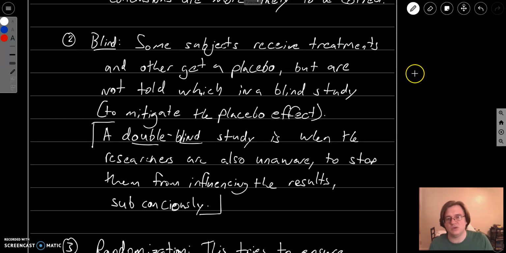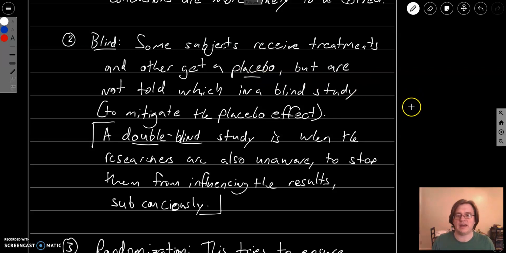However, being told that you are receiving treatment and that you are not receiving treatment will make a difference in your body. The placebo effect essentially means that people that are told that they are receiving treatment will respond in some way. So in order to make sure that the experiment is uniform, you tell everyone that they're receiving a treatment, even though some of them will only be receiving a placebo.